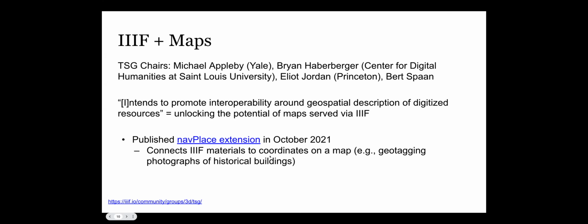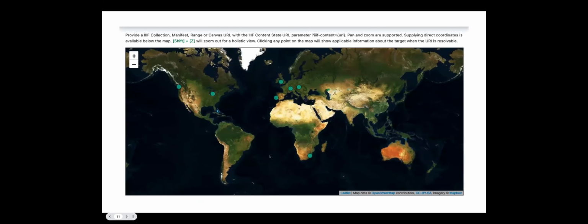And that really just allows you to have a IIIF object and associate a geographic coordinate. And that sounds straightforward, but what that does is that now allows all sorts of capabilities in terms of geotagging photographs and doing crowdsourced geotagging, things like that. This is an example of that, just being able to have a map interface and then to bring in IIIF assets really easily and cleanly into that map interface.